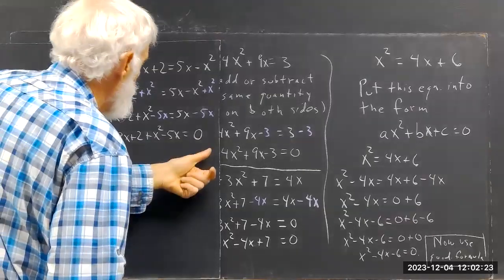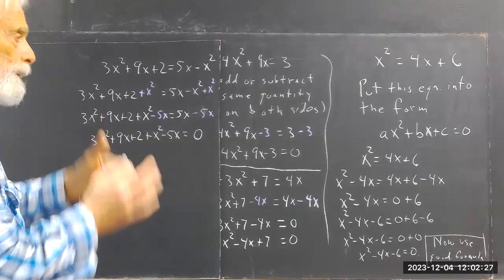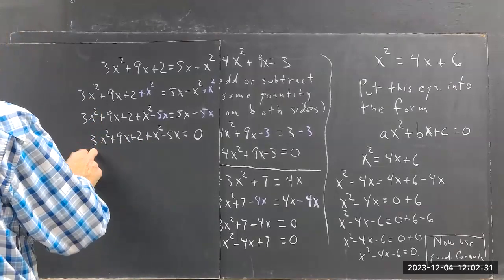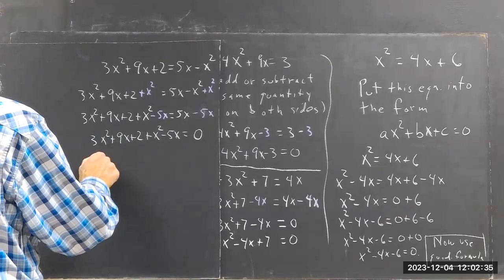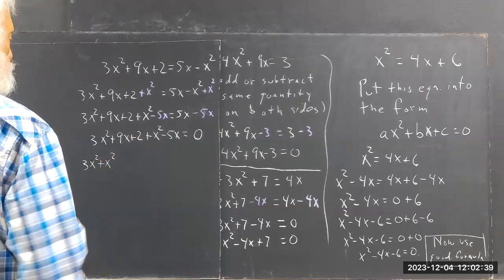Then we write all this in the order from highest powers to lowest powers. We've got an x squared here and an x squared here. So we're going to write 3x squared plus x squared. We got a 9x and a minus 5x.